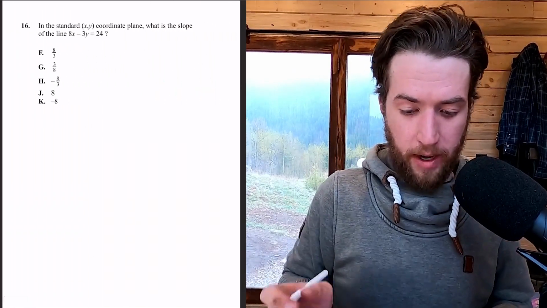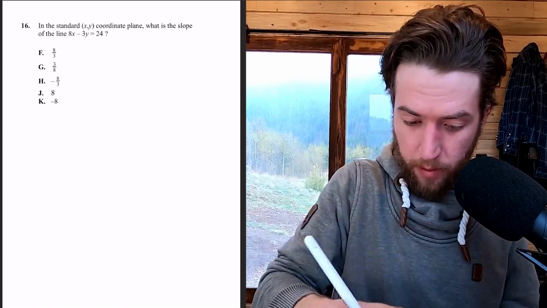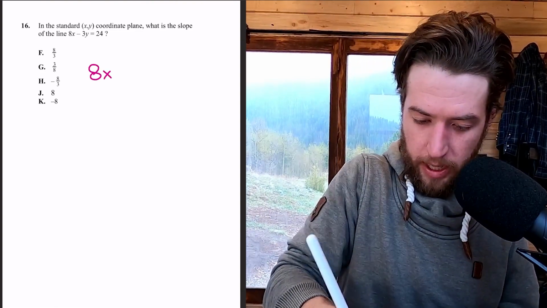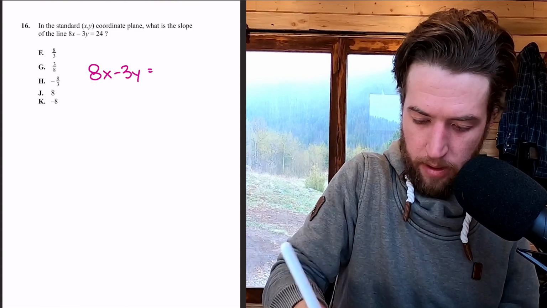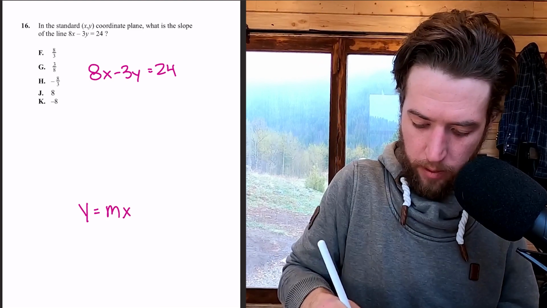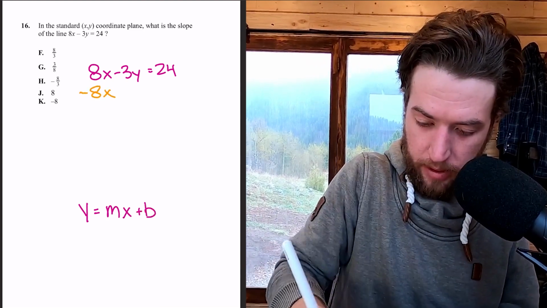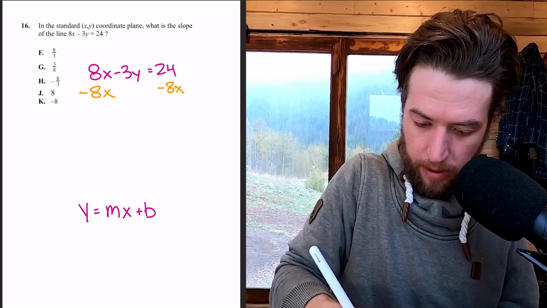All right, in the standard xy coordinate plane, what is the slope of the line 8x minus 3y equals 24? So we have the equation 8x minus 3y equals 24. Let's get it into slope-intercept form, y equals mx plus b. That's our goal. So we're going to subtract 8x from both sides. Okay.